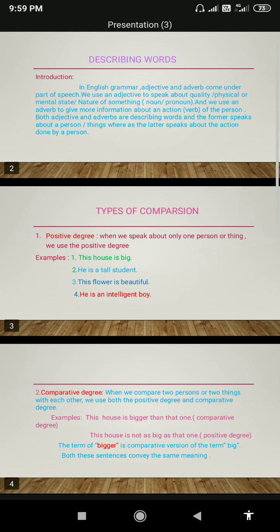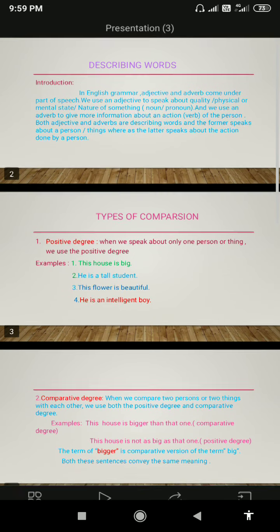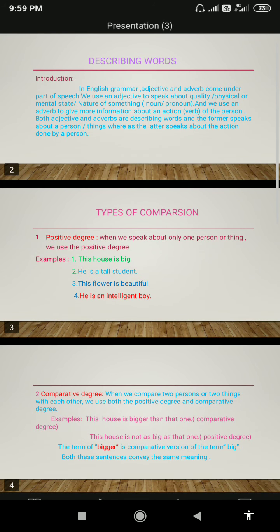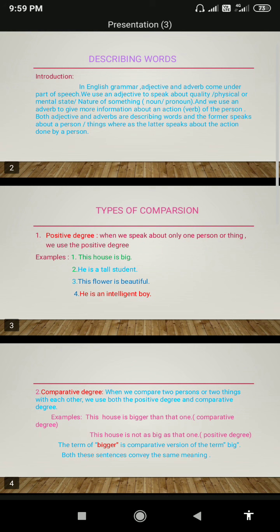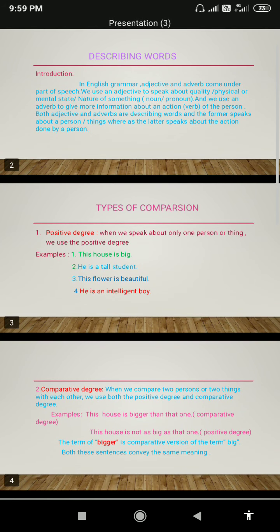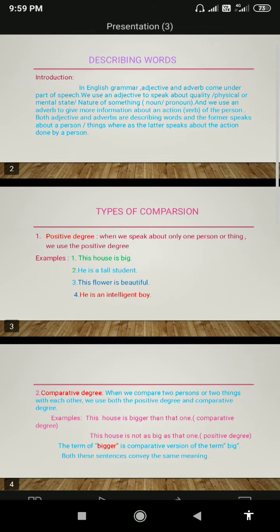While describing things, we use adjectives as well as sometimes adverbs. So what do you mean by an adverb? An adverb is a word used to add something to the meaning of a verb, an adjective, or another adverb.